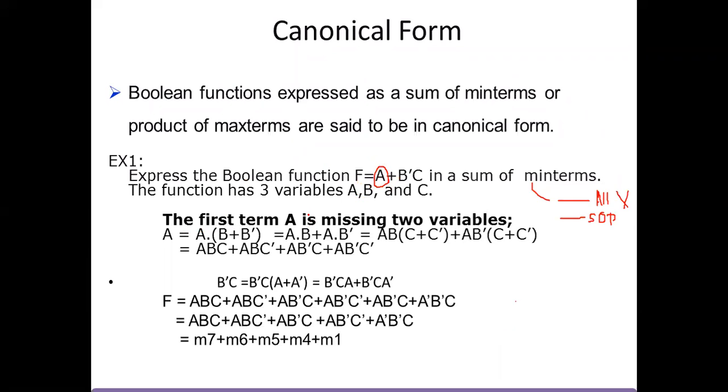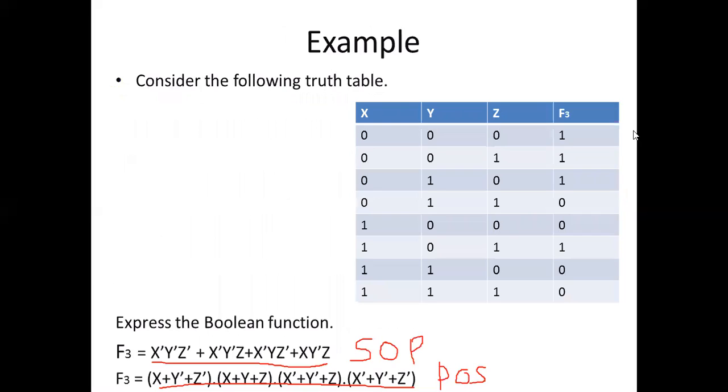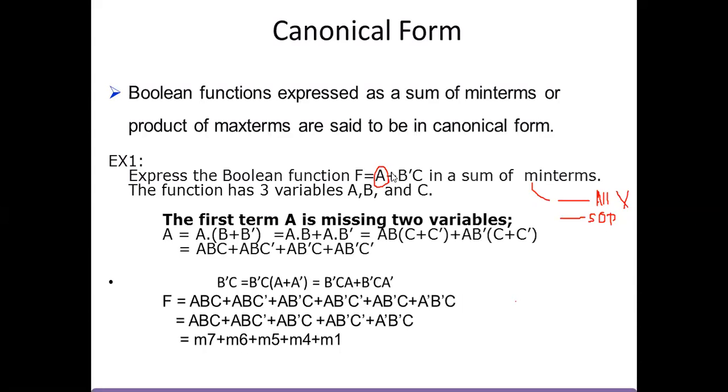In the first term, A, you can see two variables are missing. What are the missing variables? Can one of you tell me what the missing variables in the first term are?